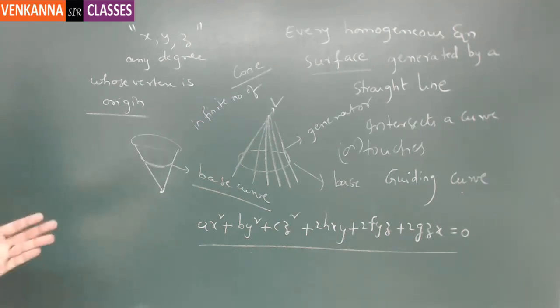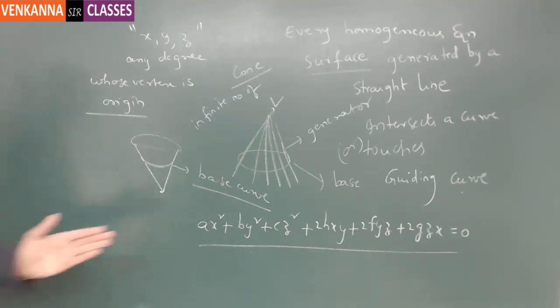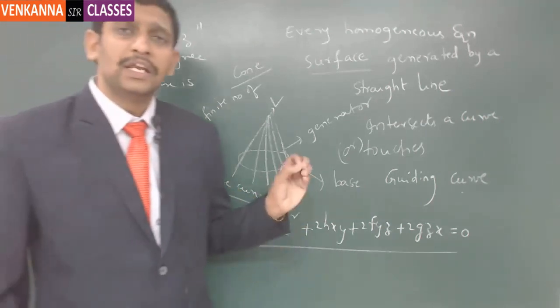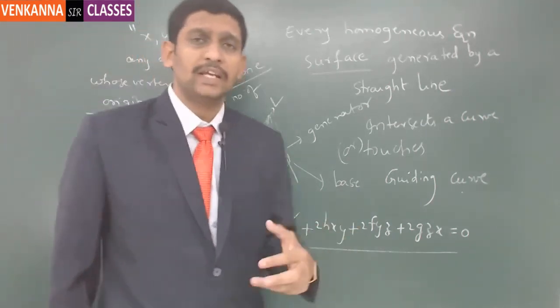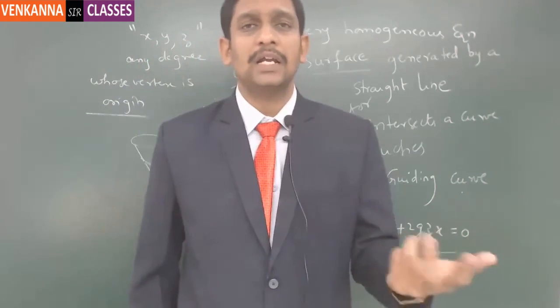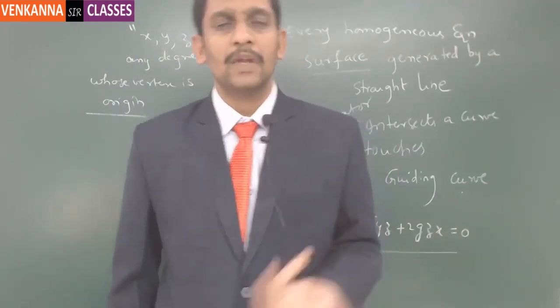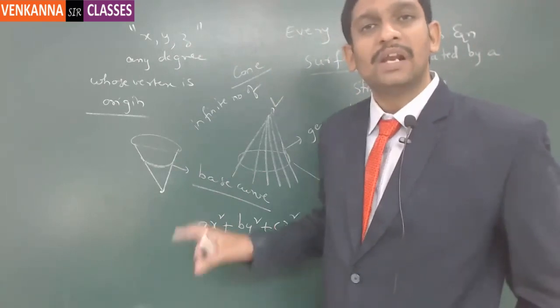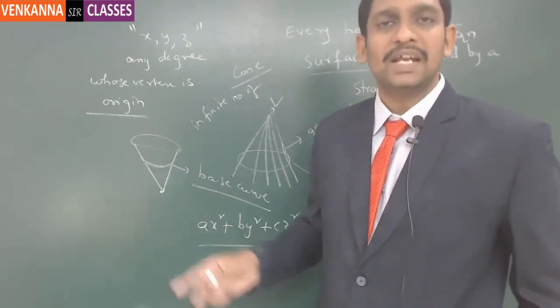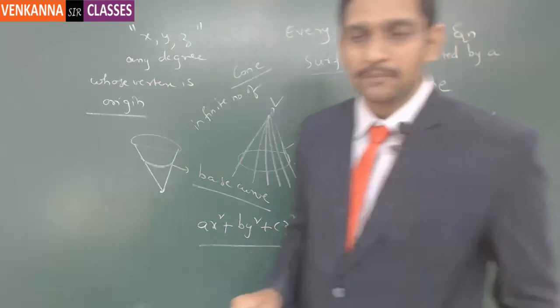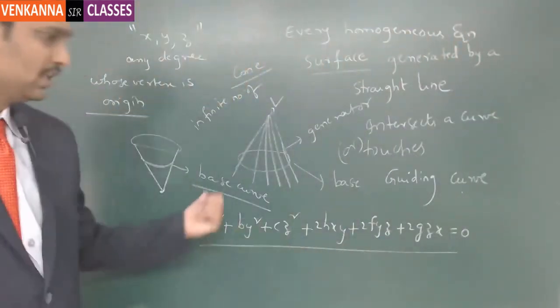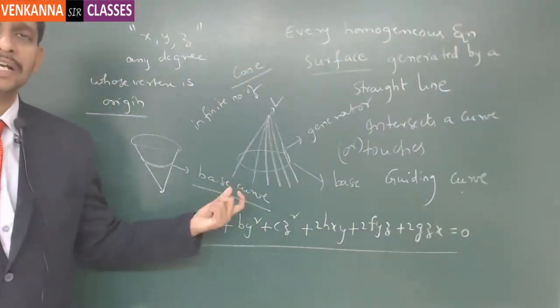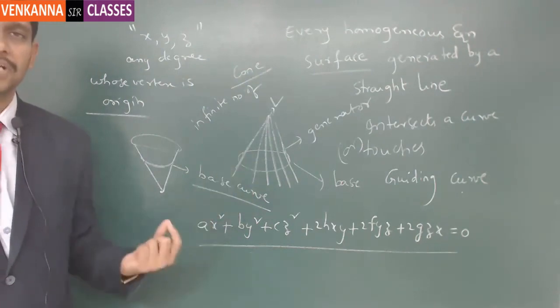The fundamental thing we need to remember here is, if you take any homogeneous equation of any degree, either second degree, third degree or nth degree, such a homogeneous equation will represent a cone. The vertex will be at origin. From this equation, we are going to deduce one more small equation.